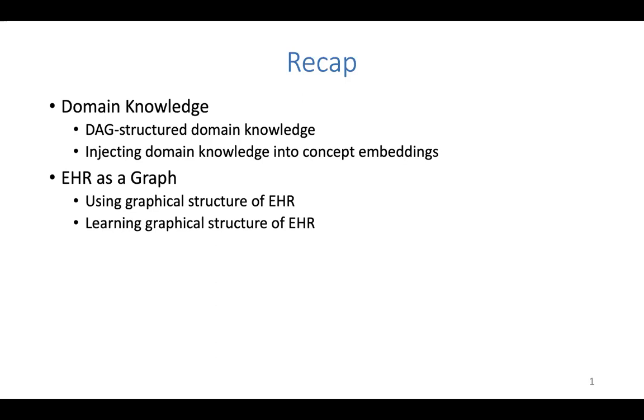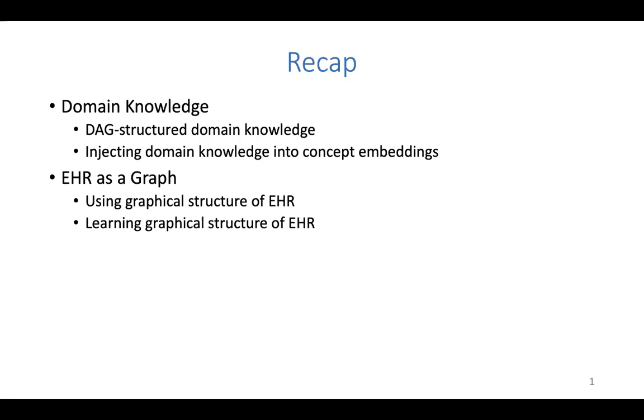On top of that, we used an external knowledge source, such as the diagnosis code hierarchy, and as an example I showed you the SNOMED CT ontology. Then on last Thursday, we talked about how to use the internal knowledge, which is the EHR itself, how to view the EHR as a graph, and how to learn the graphical structure of EHR.